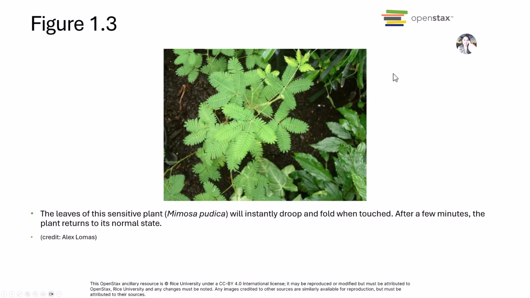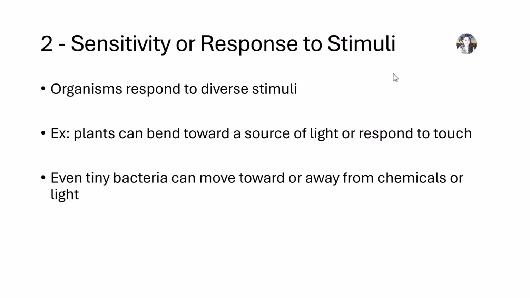If you touch it, it will move in response. That is a response to a stimulus, like you tapping it. Even tiny bacteria can move toward or away from chemicals or light. So things that we might think are not responding to their environment can, in a lot of cases.